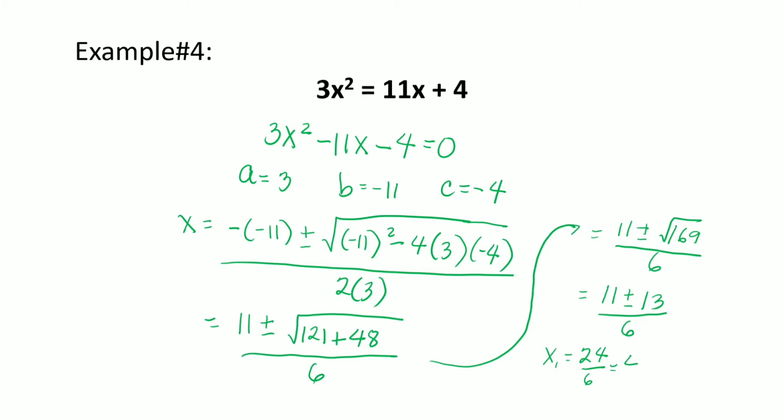That's 4. And the second value of x is 11 minus 13, negative 2 over 6, which is negative 1/3. Okay, so we can write our final answers like this. So the values of x, or the solution set for this quadratic equation, is 4 and negative 1/3.